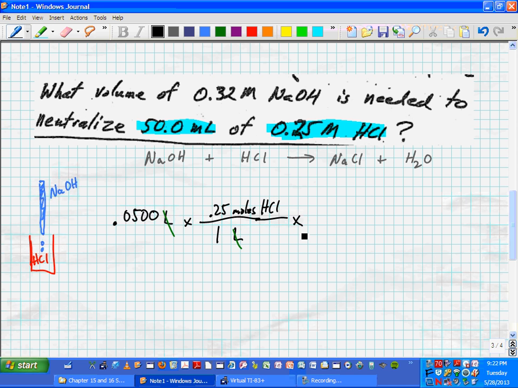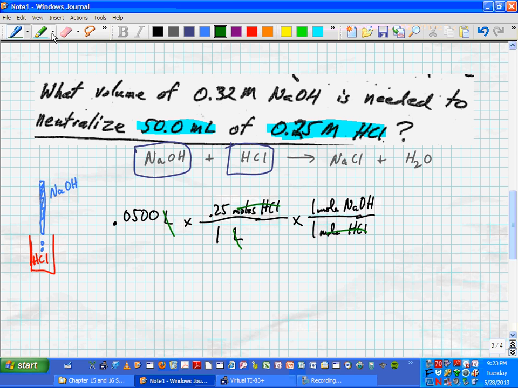So now I need to go from moles of hydrochloric acid to moles of sodium hydroxide. So I'm looking at this and this for my molar ratio. Well, it's a 1-to-1 ratio. So it's 1 mole sodium hydroxide over 1 mole hydrochloric acid. Again, these guys cancel. I've got moles of sodium hydroxide. I need to get to a volume of sodium hydroxide.